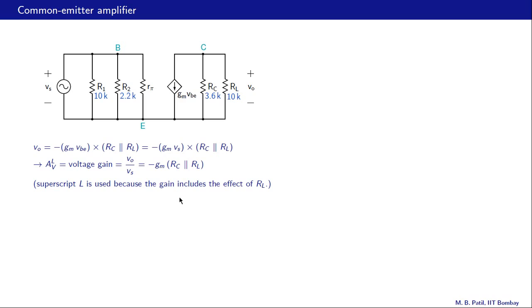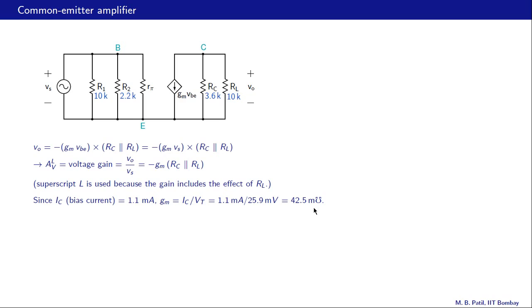Okay, now the next step is to evaluate this transconductance parameter, and as we have seen, it is related to the collector bias current. Since IC is 1.1 milliampere, the DC or bias current, gm is equal to IC by VT, 1.1 milliamps divided by 25.9 millivolts, and that turns out to be 42.5 millisiemens or millimhos.